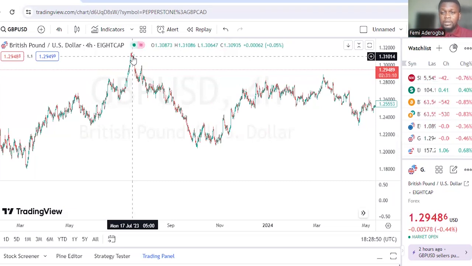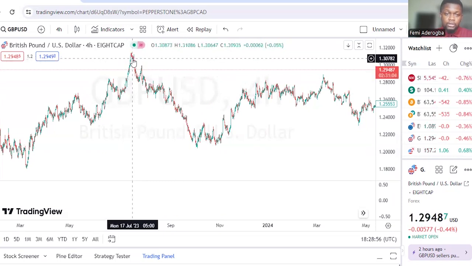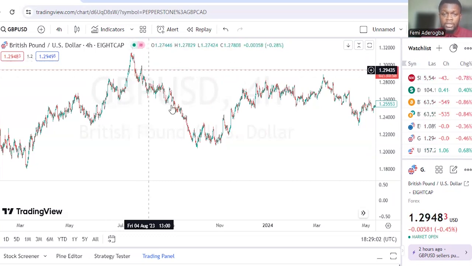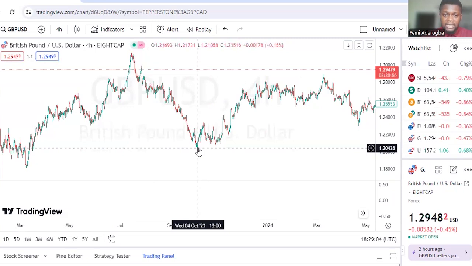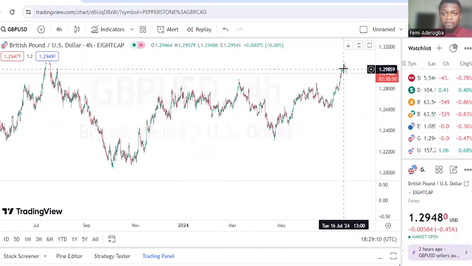Corrected from 1.31014 to this area. It started the correction on Monday, 17th of July 2023, and it came down there to October 4, 2023. Then it started correcting itself, and we have what we have here.